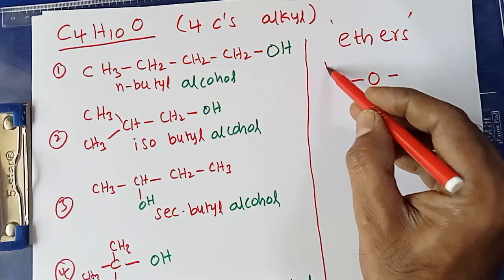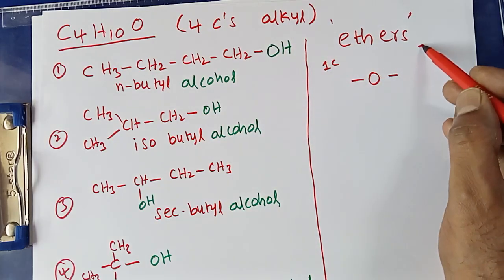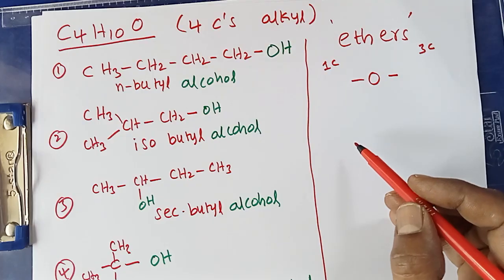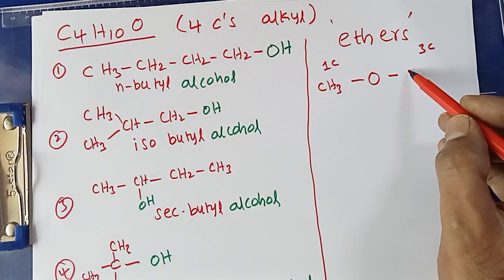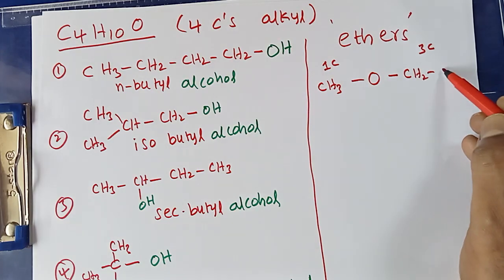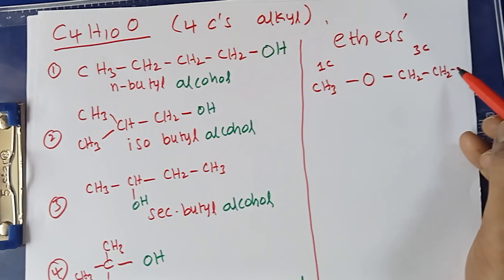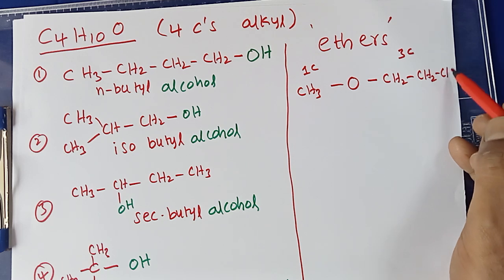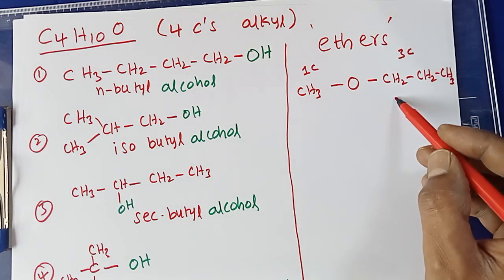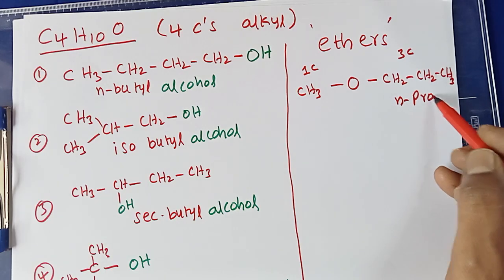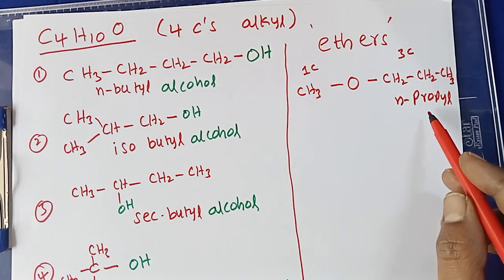Here first 1 carbon on the left side, 3 carbons on the right side. 1 carbon on the left means CH3. 3 carbons on the right means CH2, CH2, again CH3. And we know that 3 carbon alkyl, this is N-propyl. And how many are possible? 2 only possible.